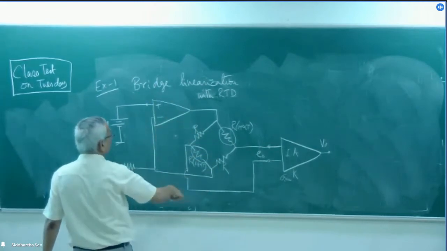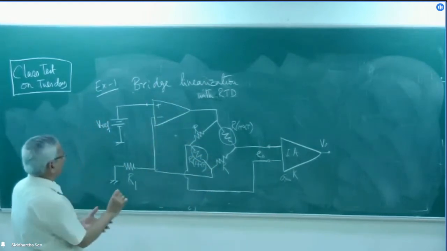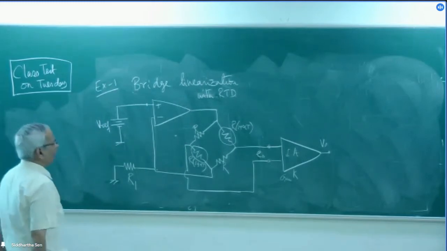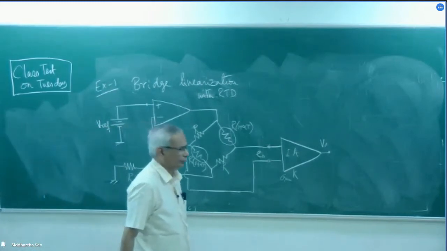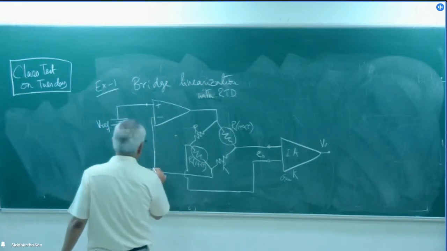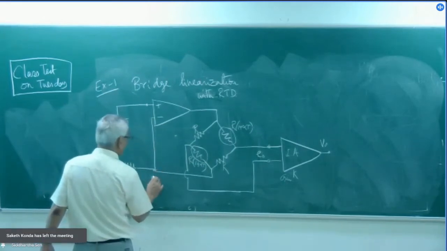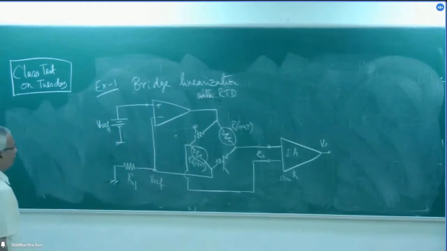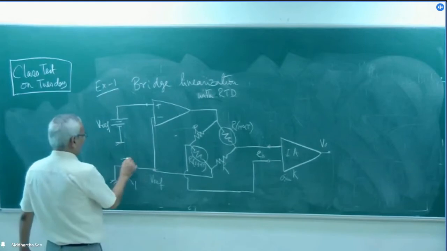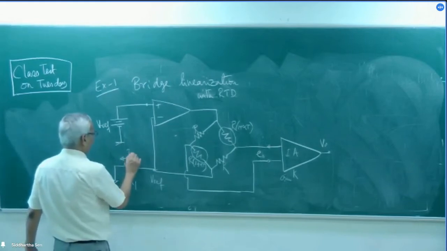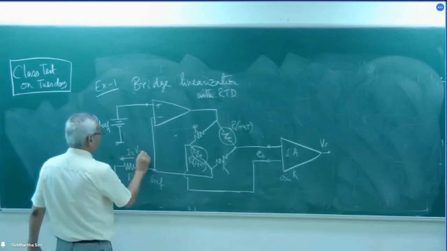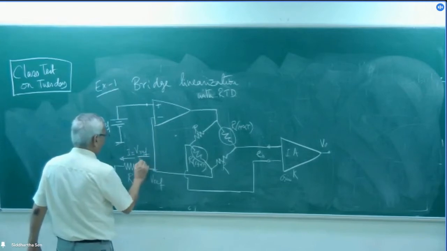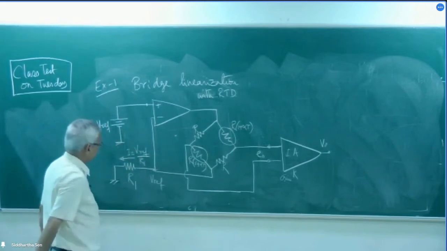There is a negative feedback circuit in the op amp, and I assume the op amp is ideal. So what is the voltage here? It is also Vref. So naturally, what is the current flowing? I is equal to Vref divided by R1.